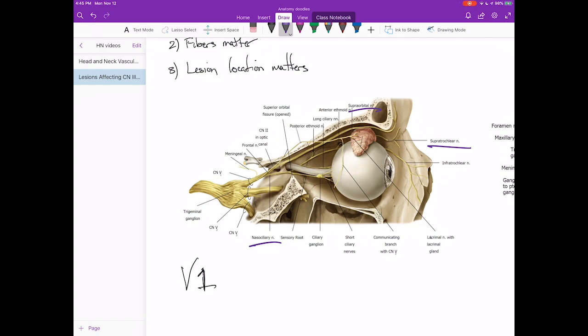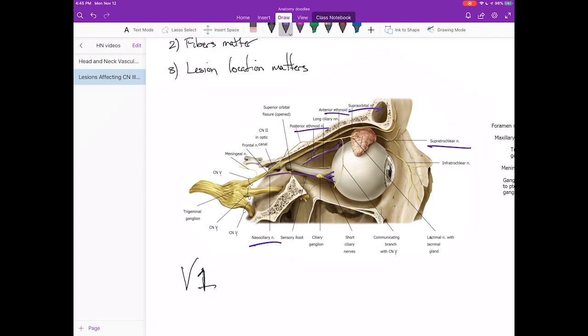and those branches are going to different parts and sides of the eye. The nasociliary nerve courses on the medial wall of the orbit and gives ethmoid nerves, anterior and posterior. It also branches as a sensory root, which is going to innervate the eyeball.